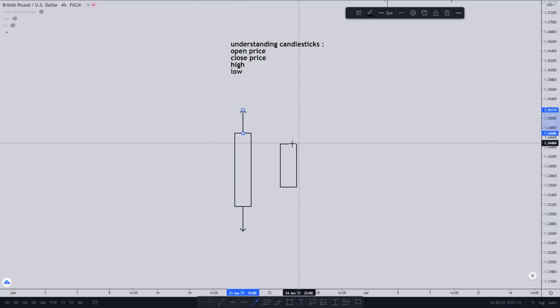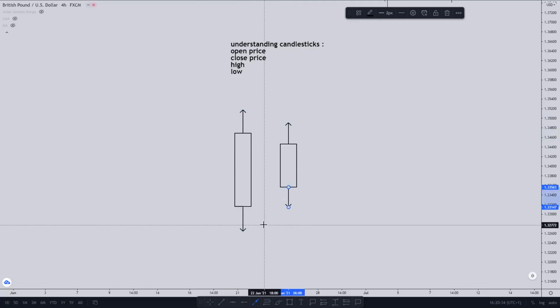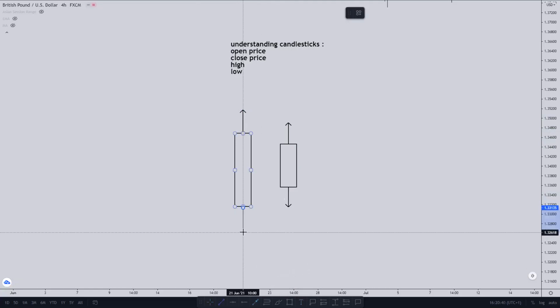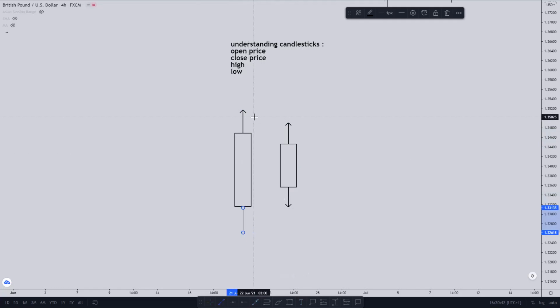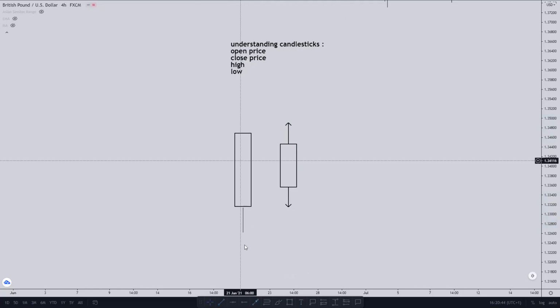The candlestick doesn't have an arrow. I'm just being dramatic. Just kidding, guys. I miss you guys, man. It's been a while. I think we should do a Zoom soon so that we can communicate.